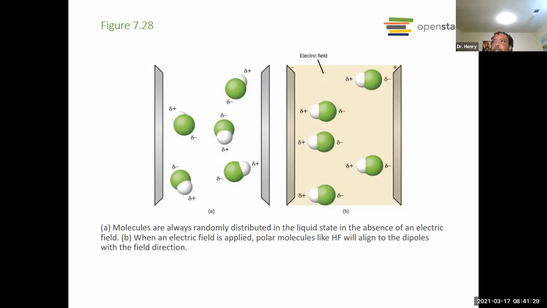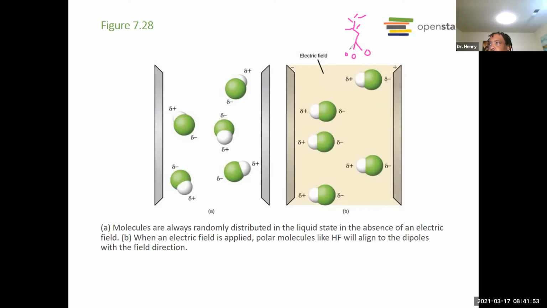So let's say we have this big old molecule. We know that one side is very, very negative.